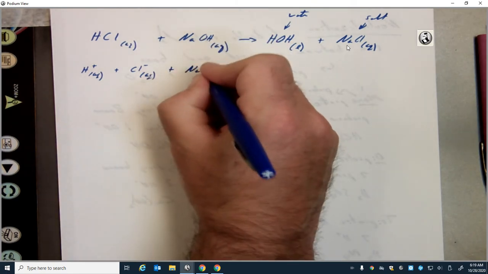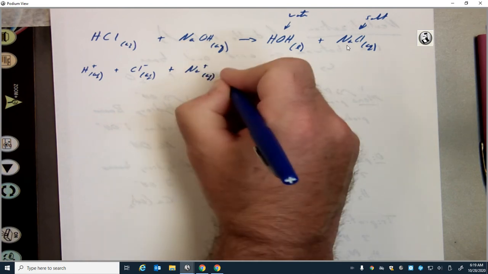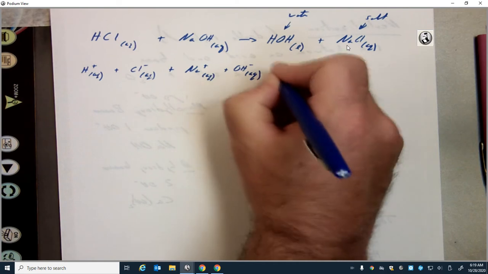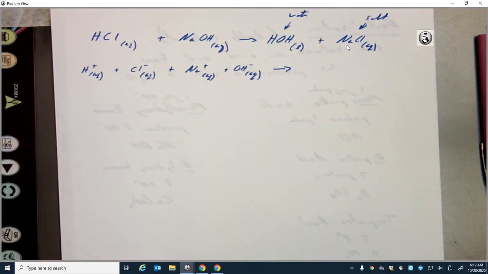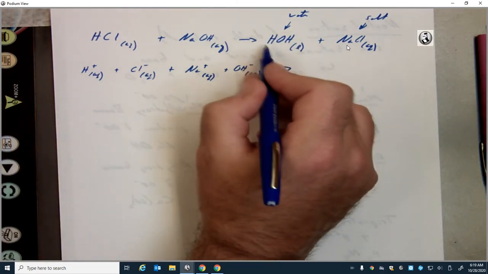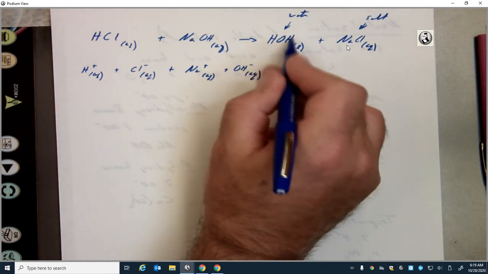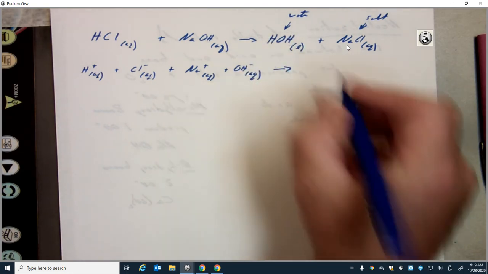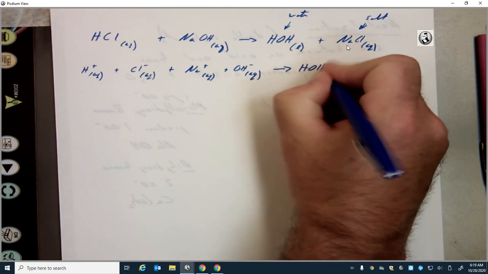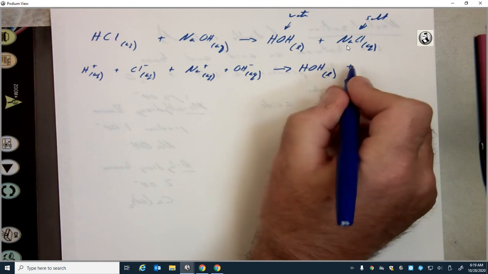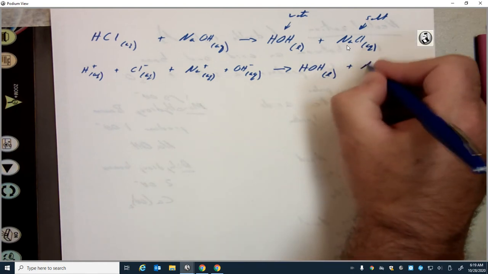So we have Na plus aqueous and OH minus aqueous. Now, this is a liquid, right? This is a molecular molecule, so it does not break apart. And then the NaCl is dissolved in that water.